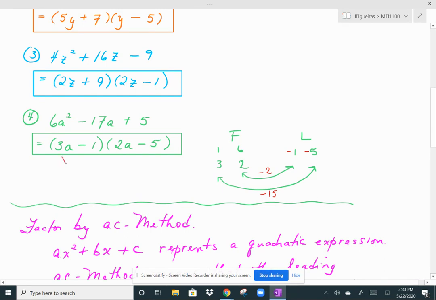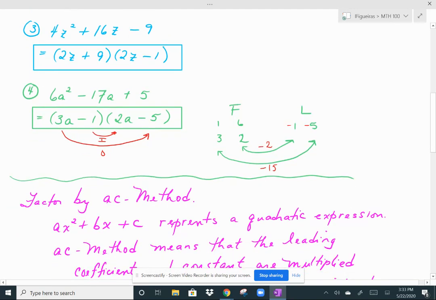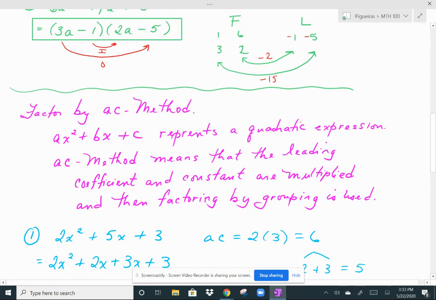The 3a and the -5 have to be your outer, and the -1 and the positive 2a have to be your inner. Outer and inner combined to give you the middle term. So you have 3a minus 1 times 2a minus 5. And the best way to check these is to FOIL it out, and it should always equal what you started with.